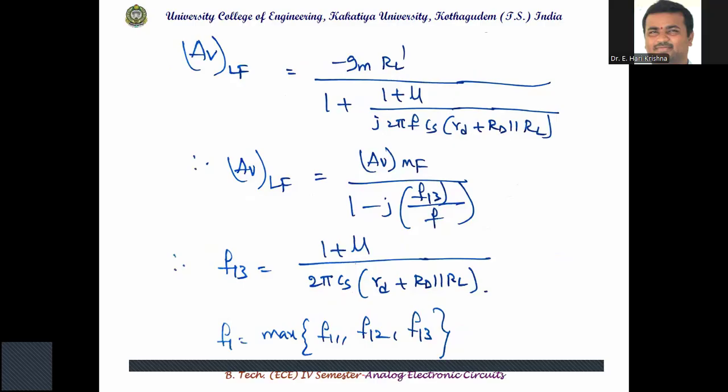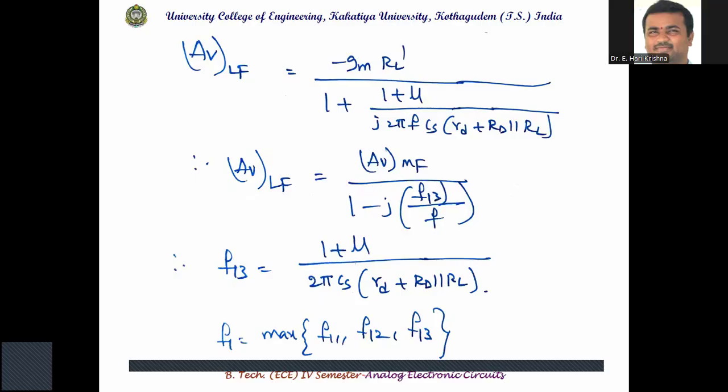This is f13. So overall, we'll say that f11, f12 and f13 are three high-pass filters cascaded. The overall lower cutoff frequency f1 is equal to max of f11, f12, f13.